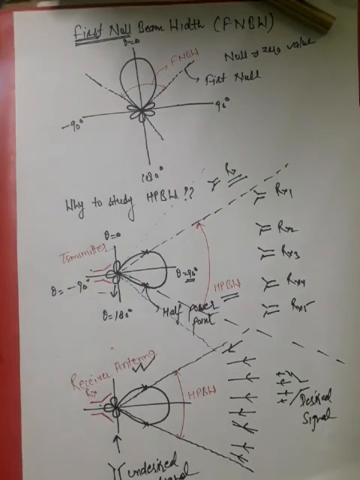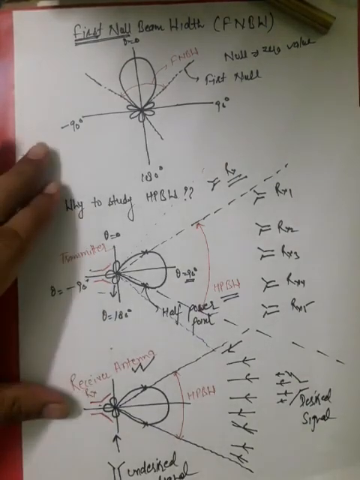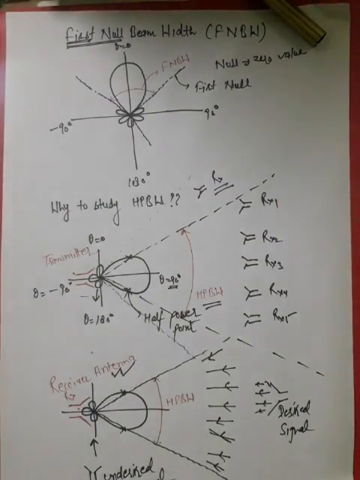So this half power beamwidth and the Fresnel beamwidth, its value will basically change with respect to your different antenna. Each antenna will have its different half power beamwidth and the Fresnel beamwidth. So it will basically depend upon the design of the antenna which value you need. So you can design your own antenna according to your need of half power beamwidth and the Fresnel beamwidth.